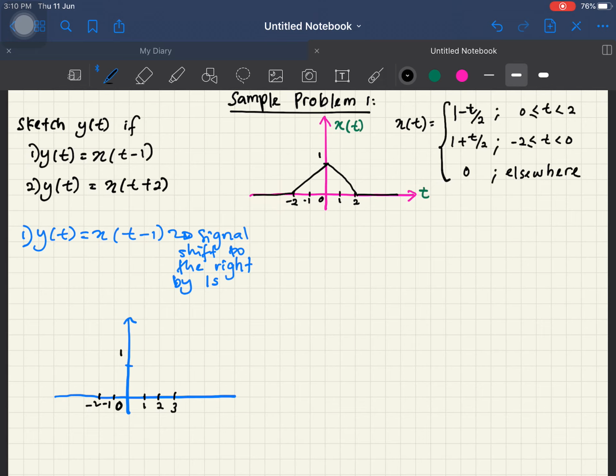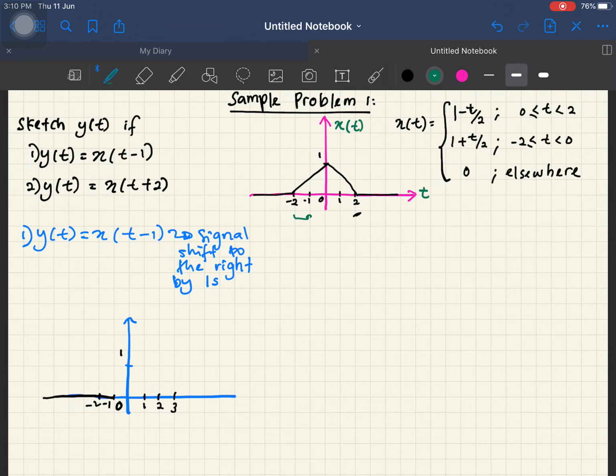The amplitude is 1. When the signal x of t is shifted to the right by 1 second, you will have a 0 value until -1, because this 2 seconds here is shifted to the right by 1 second.